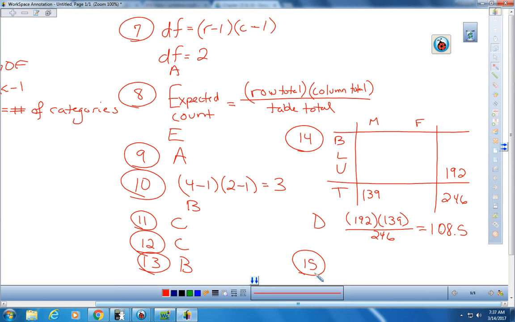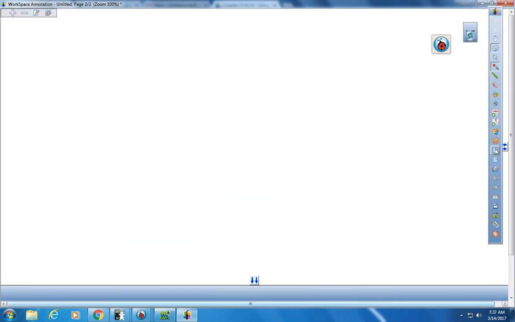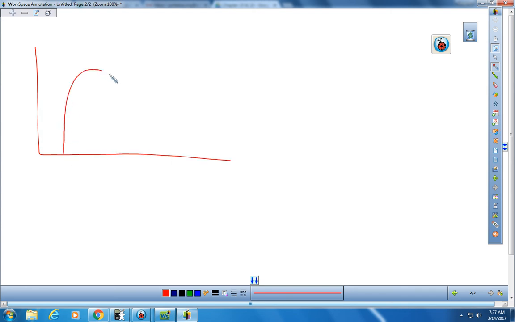The p-value for a chi-squared goodness of fit test. For any chi-squared test, I'm going to need more space for this. Our distribution kind of looks like this, right? So this is your chi-squared distribution.